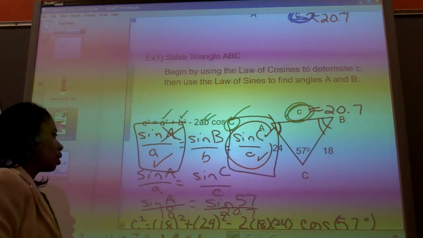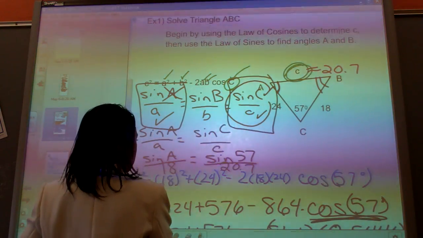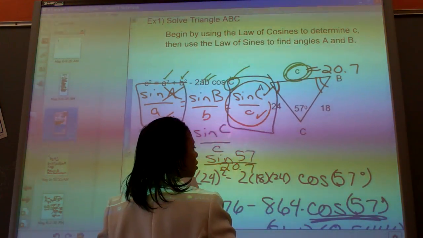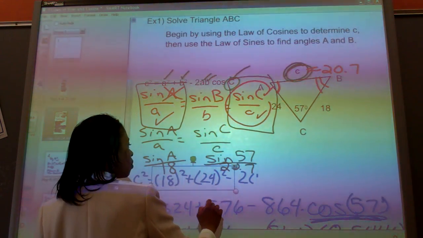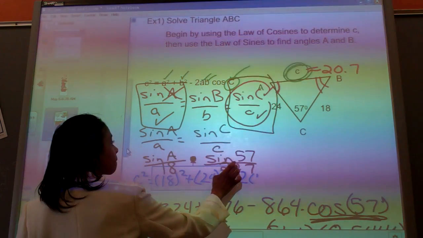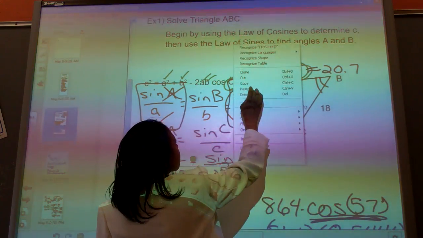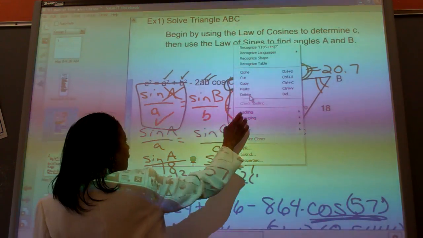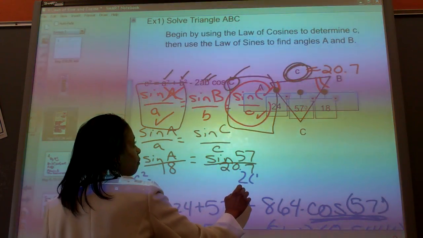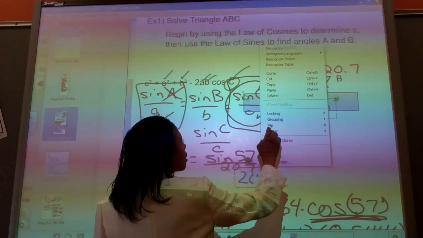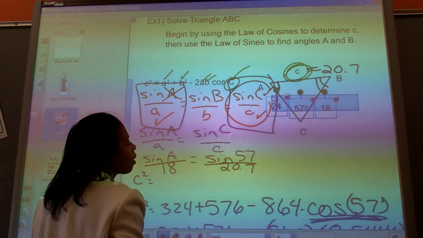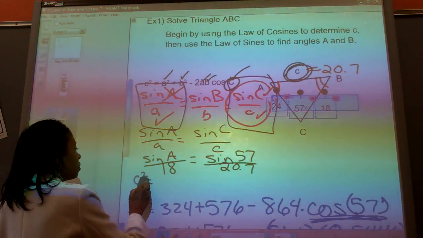Now I'm going to erase this here to make a little bit more room.